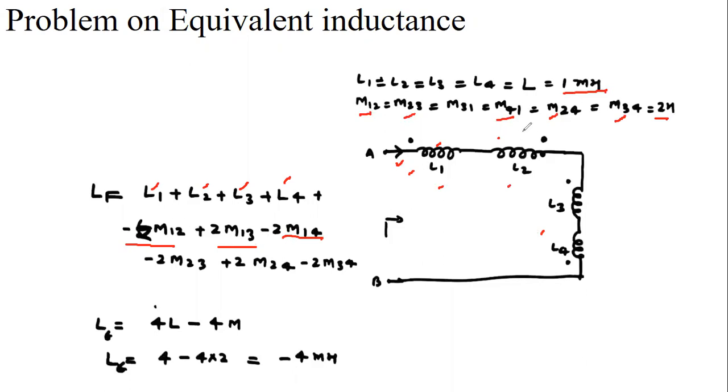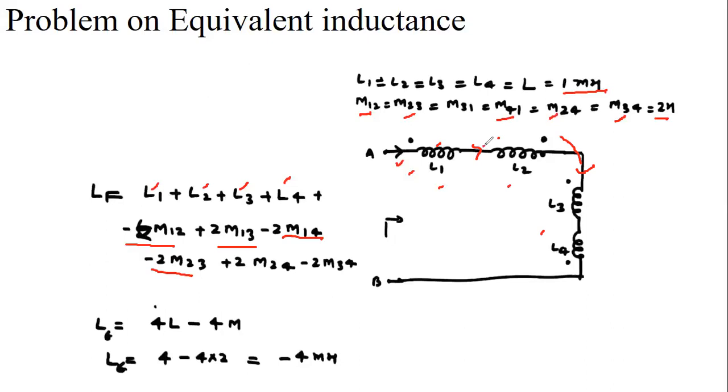Now 2 and 3 are opposing each other, because current enters from the undotted terminal in one and from the dotted terminal in the other. So this is minus 2M23.